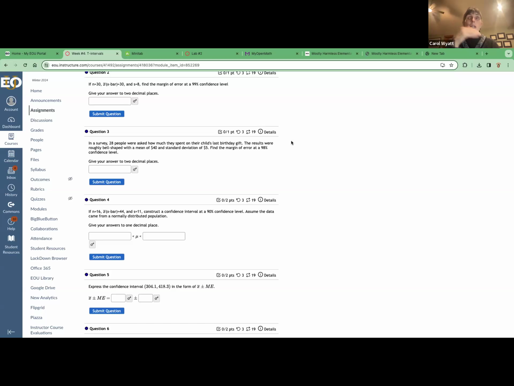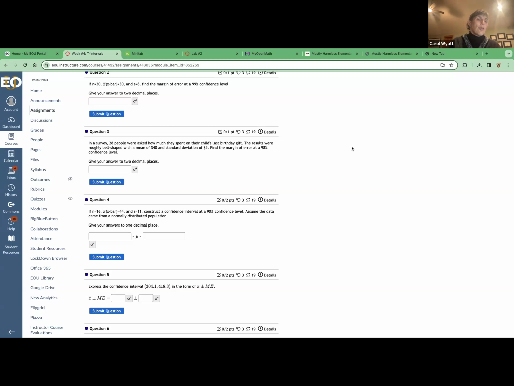It's symmetric, so it's negative on the bottom half and positive on the top half. Those are your t critical values. To find the margin of error, you take that critical value times your standard error, which is your standard deviation divided by the square root of your sample size. So I take this times my standard deviation, which is 5, divided by the square root of 28, which was my sample size.